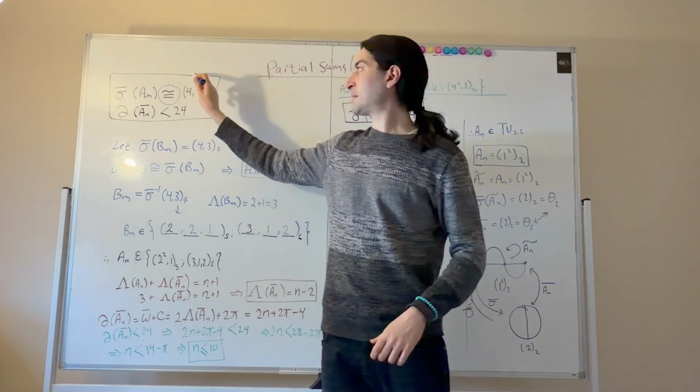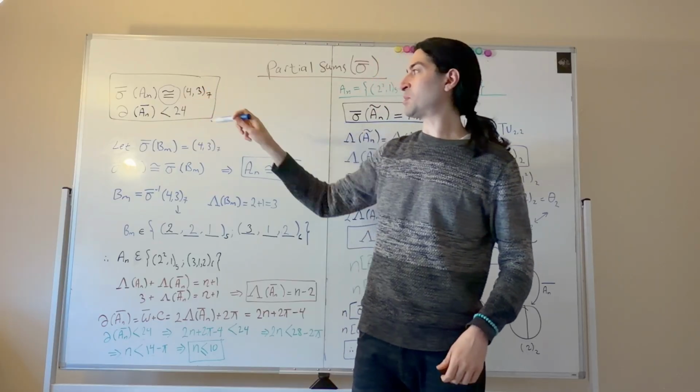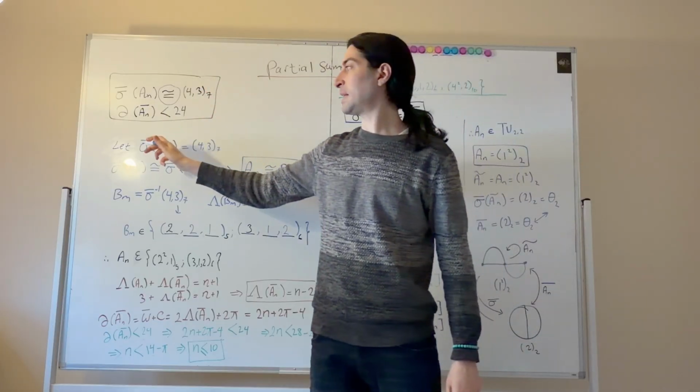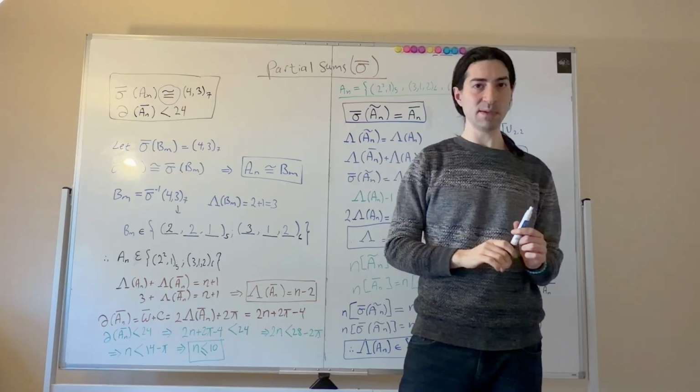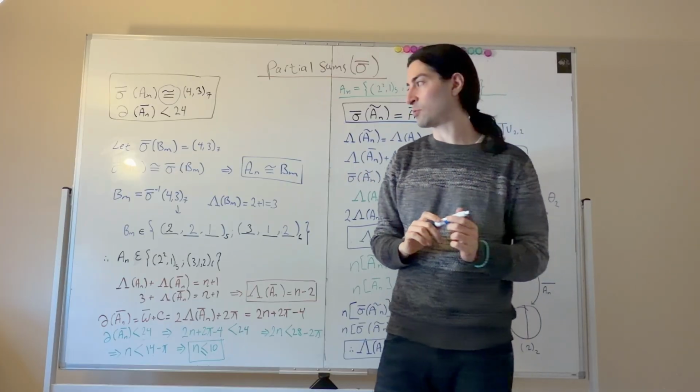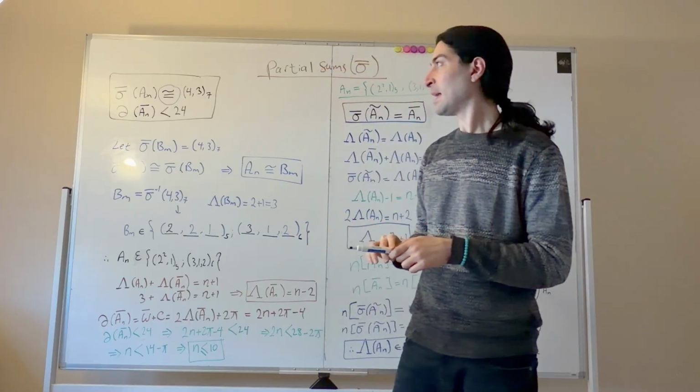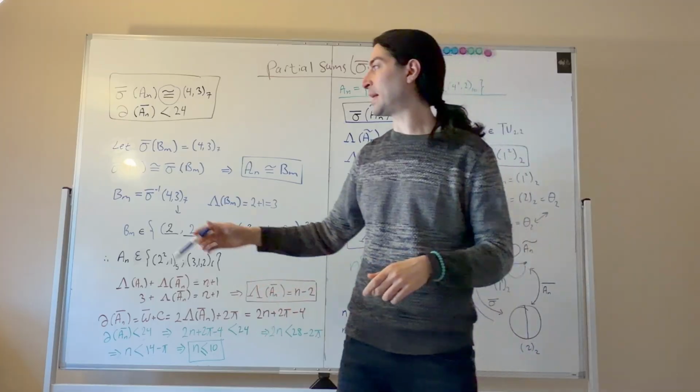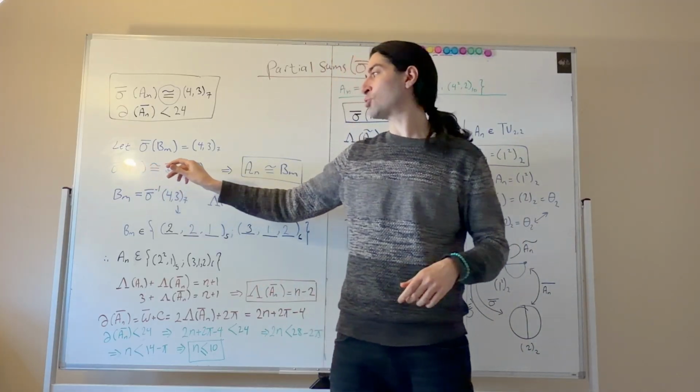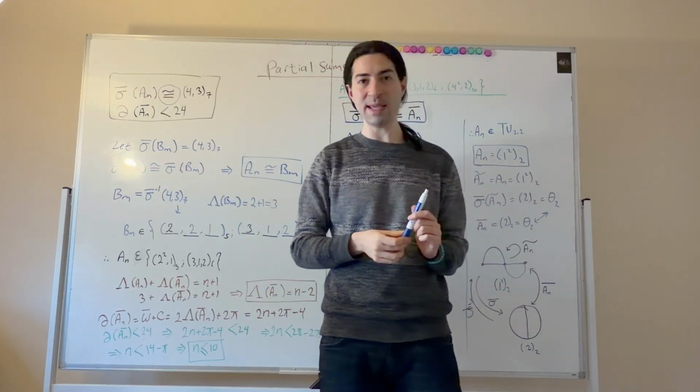So let's define this part, the 4,3 subscript 7, as sigma bar of Bm. So we've introduced another sectoral structure. And now we can write the equation as sigma bar of AN is isomorphic to sigma bar of BM.